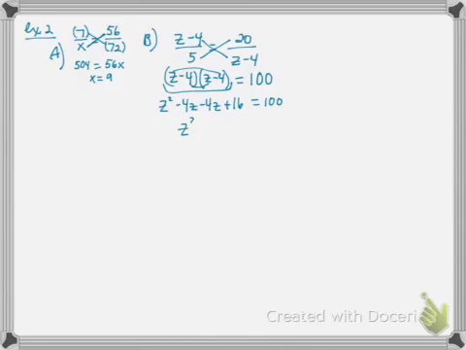When I simplify, I get z squared minus 8z plus 16 equals 100. Now, at this point, you're going to be a little bit confused because you're not going to be able to solve it. So what we're going to do is we're going to go back a little bit here, and we're going to realize that if we write this out as z minus 4 quantity squared equals 100, my goal right now is to get to z.